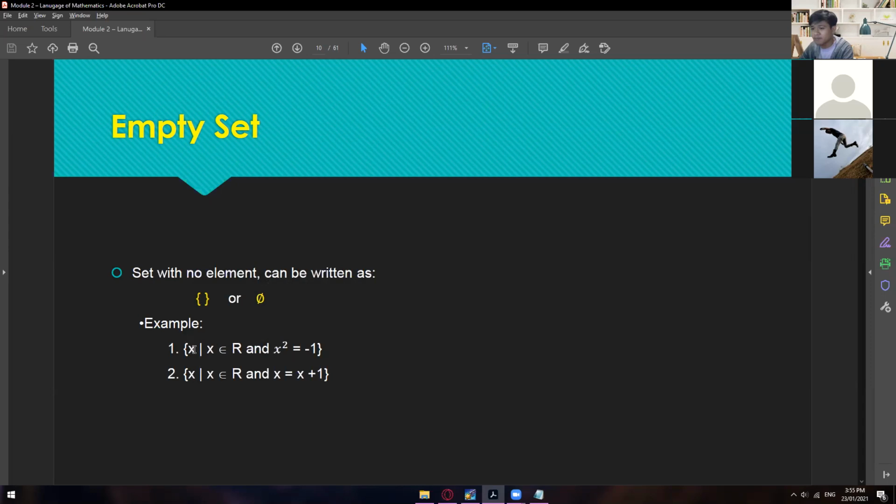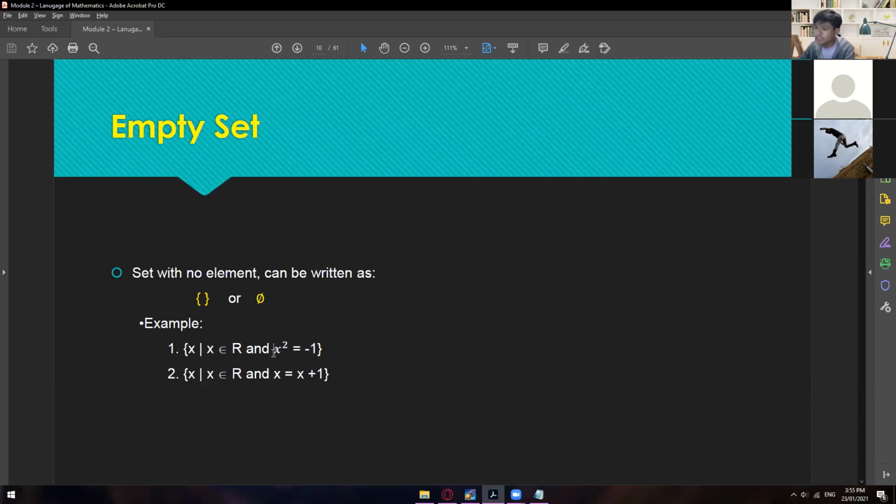So we have an example here for number 1. x is an element of the real numbers and x squared is equal to -1. It says here you can substitute or replace any x value as long as it's a real number.